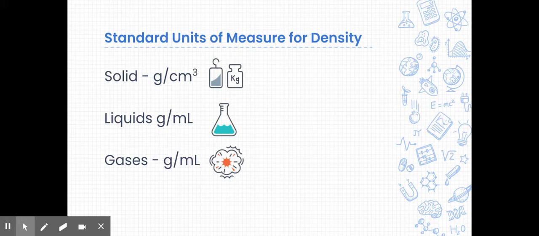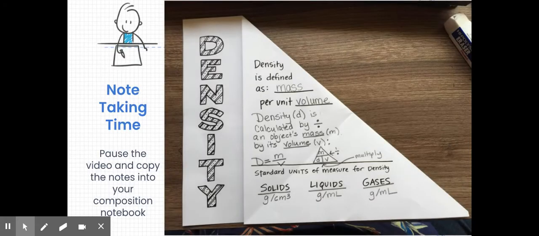If you remember back to the video we watched on the history of the metric system, you'll remember that a milliliter and a cubic centimeter are exactly the same thing, except to measure liquids, we use the graduated cylinder, and to figure out volume for a solid, it's just length times width times height. So please pause the video and copy these notes into your composition notebook.